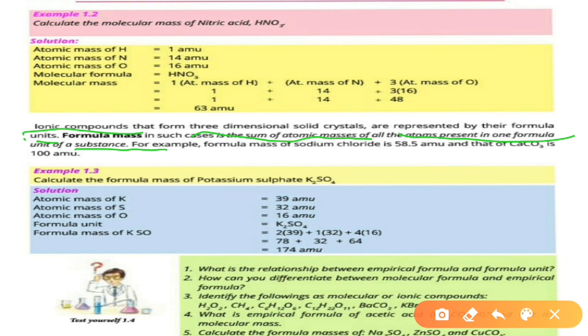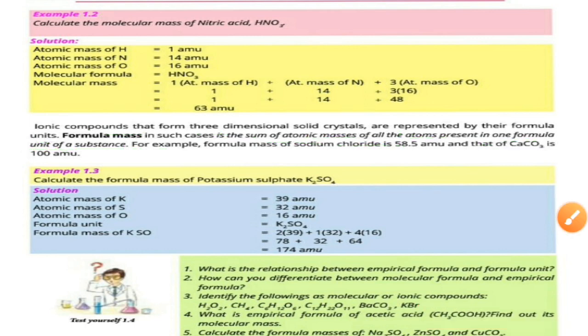Formula mass in such cases is the sum of the atomic masses of all the atoms present in one formula unit of that substance. So again, what you have to do is sum up atomic masses. But because it is an ionic compound, you say you are calculating formula mass, not molecular mass, although the process is the same for both.